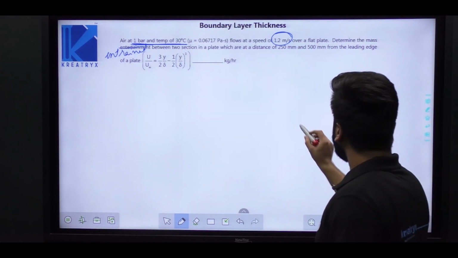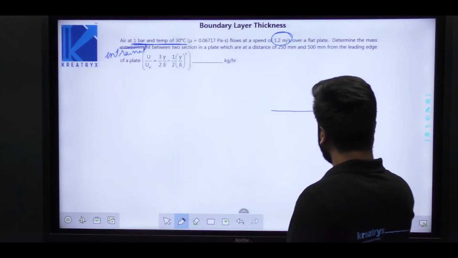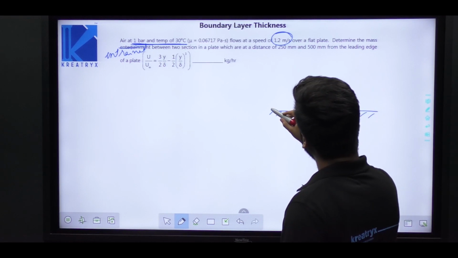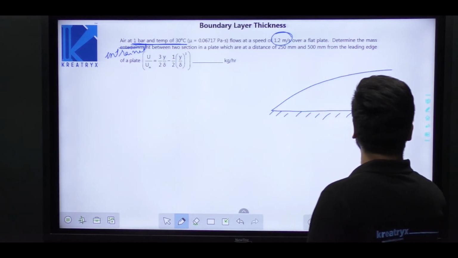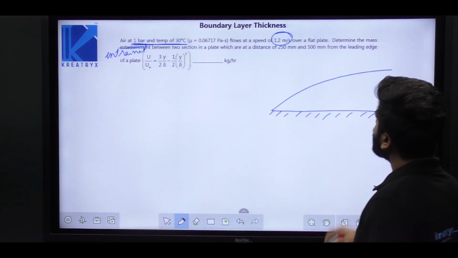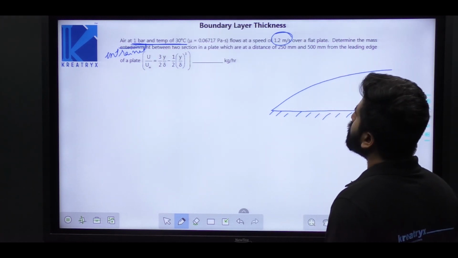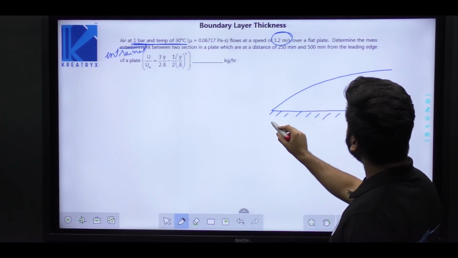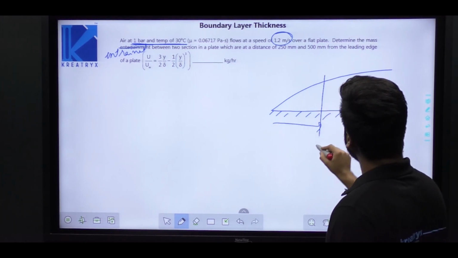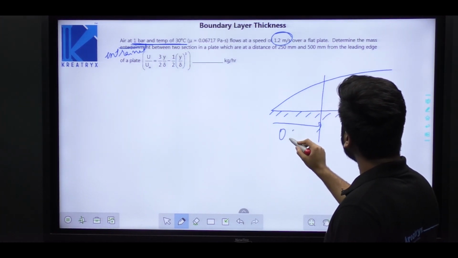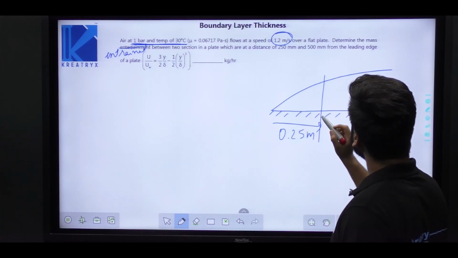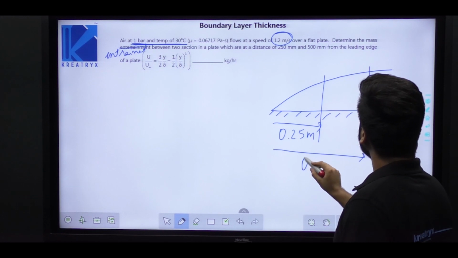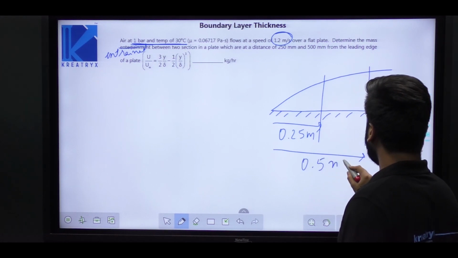Let us draw a diagram for better understanding. So this air flows over this flat plate and makes a boundary layer. So we have to find the mass entrapped between two sections in a plate which are at a distance of 250 mm, let this be at a distance of 0.25 meter from the leading edge, and this section is at a distance of 0.5 meter from the leading edge.